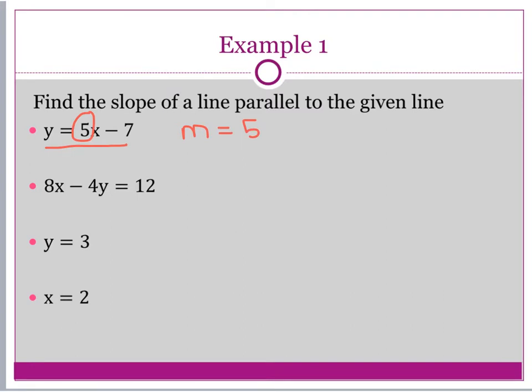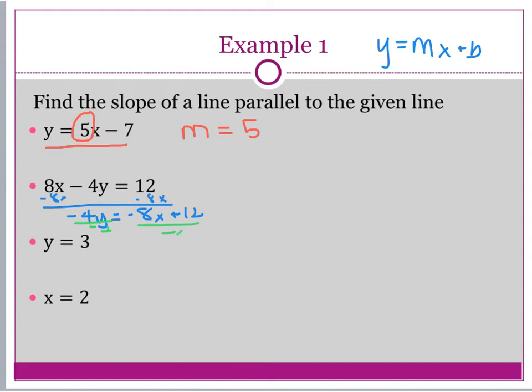Now for this next equation, I'm going to have to work a little bit more because I need to get it into slope-intercept form. Remember, that's y equals mx plus b. So here I'm going to go ahead and subtract 8x from both sides. So this gives me negative 4y equals negative 8x plus 12. Then I'm going to have to divide both sides by negative 4.